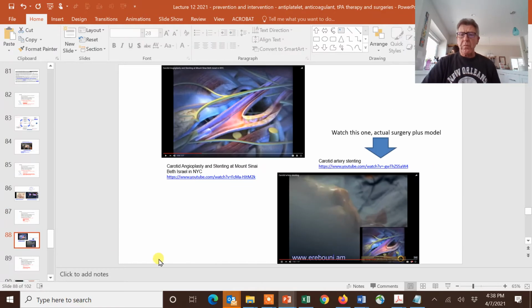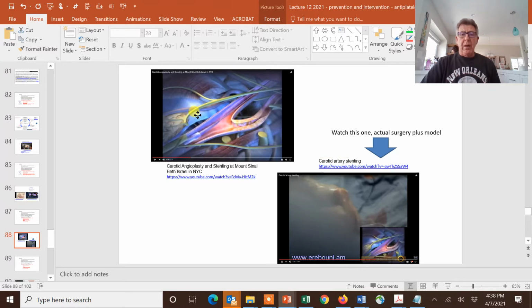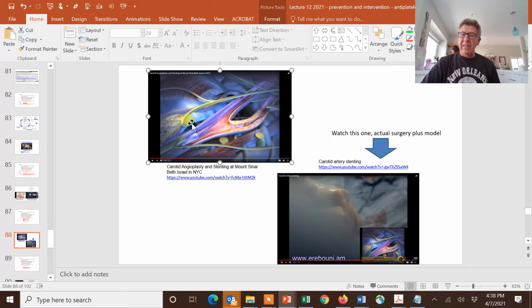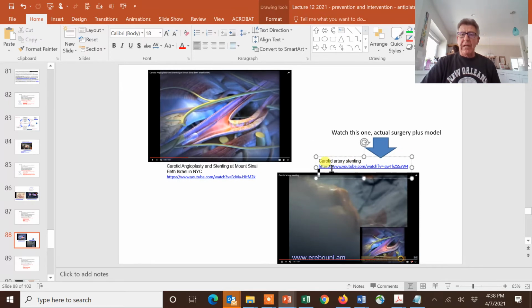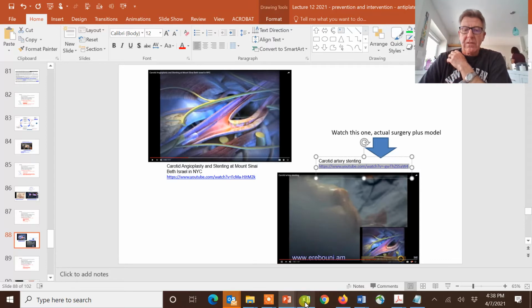This is just a model that shows how angioplasty and stenting works. It's actually a combination of the model and an ongoing surgical procedure, so you can dart back and forth with your eyes. Let's check this out.